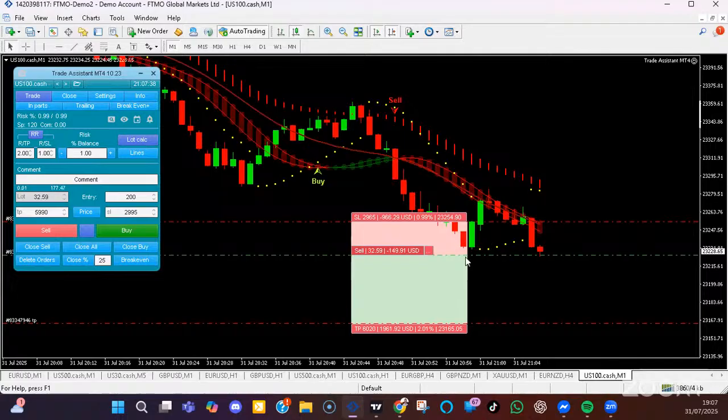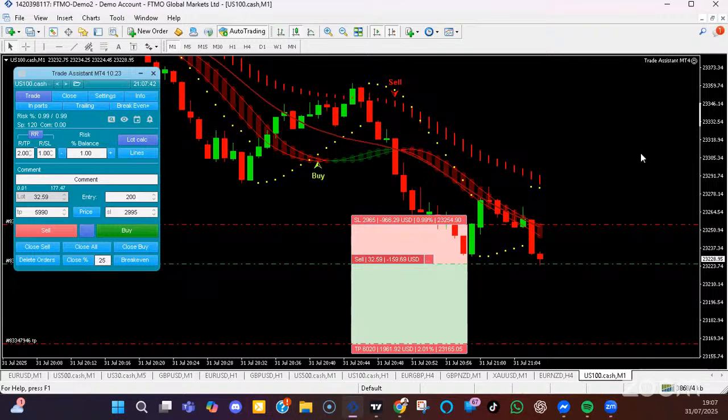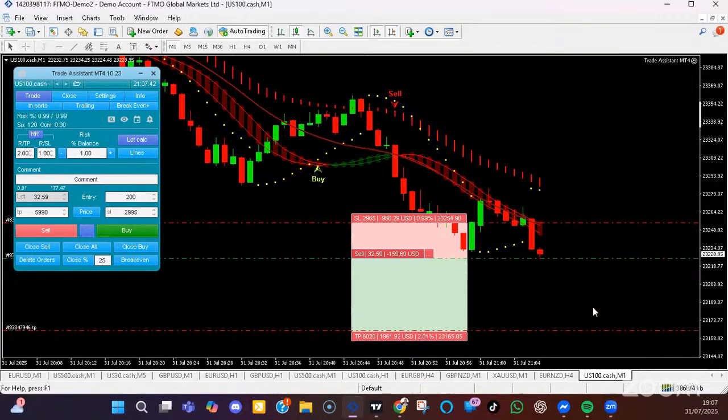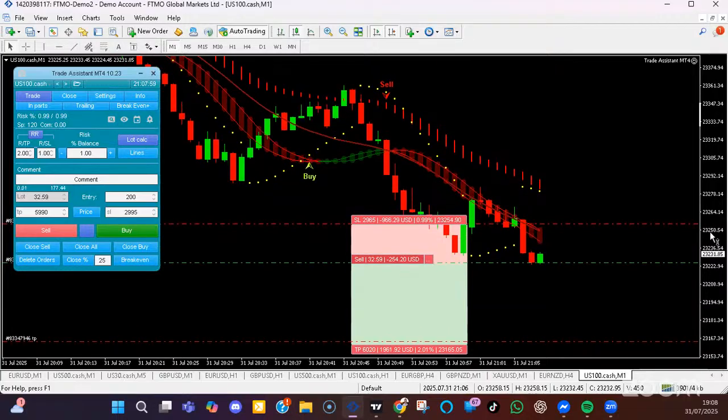But I've taken a more riskier trade now, just to see if this works, and I don't see any reason why not. Continuation of the sell down, waiting for the parabolic flip. Stop loss goes where the trend was, which is there. And let's see if we do get our 2%.